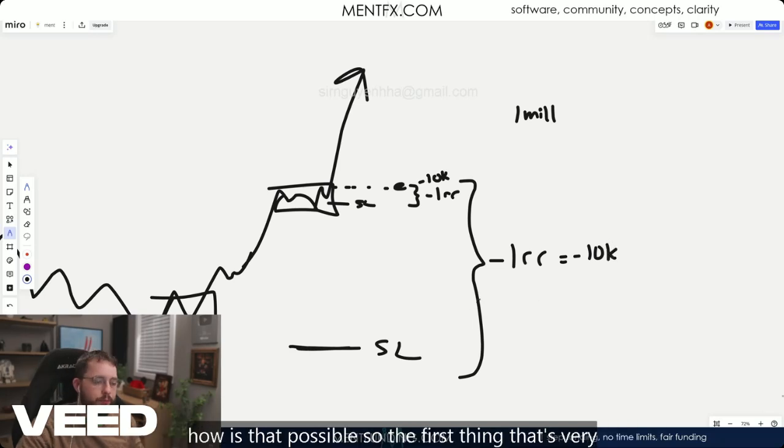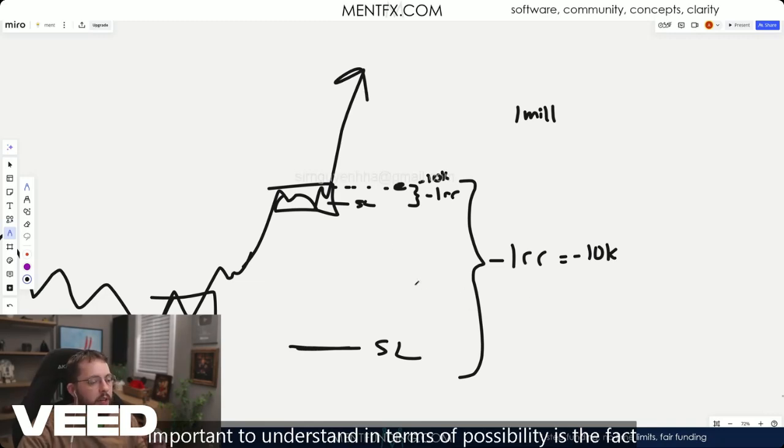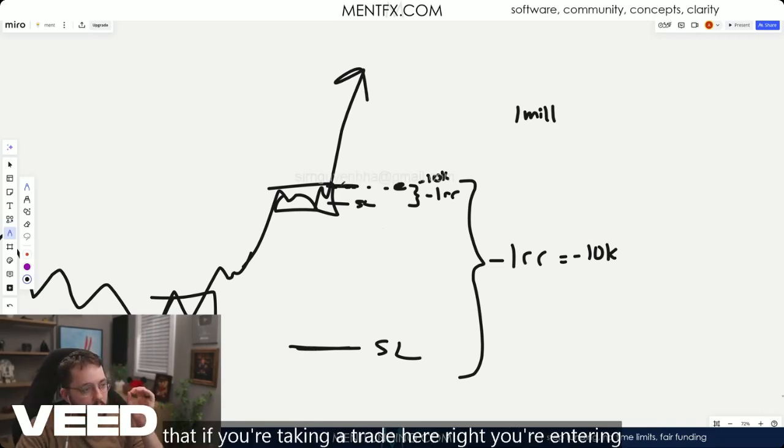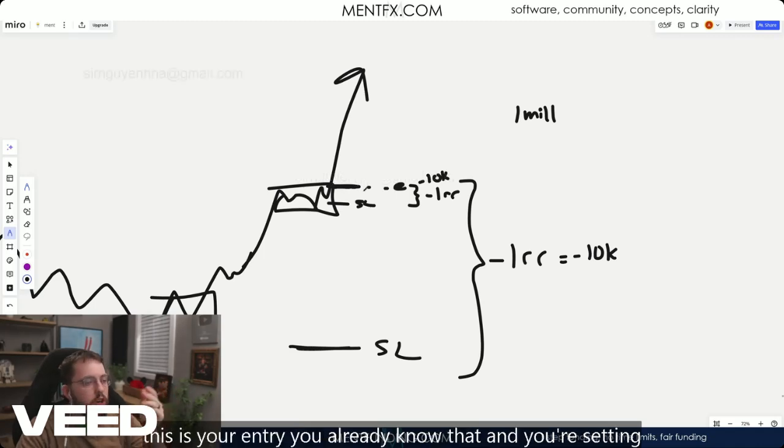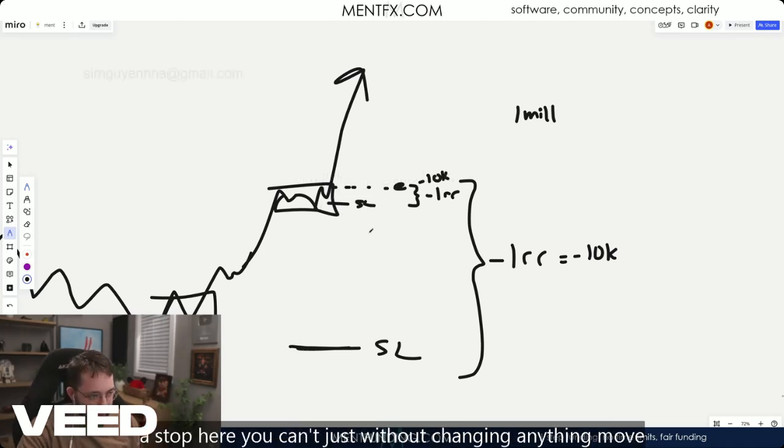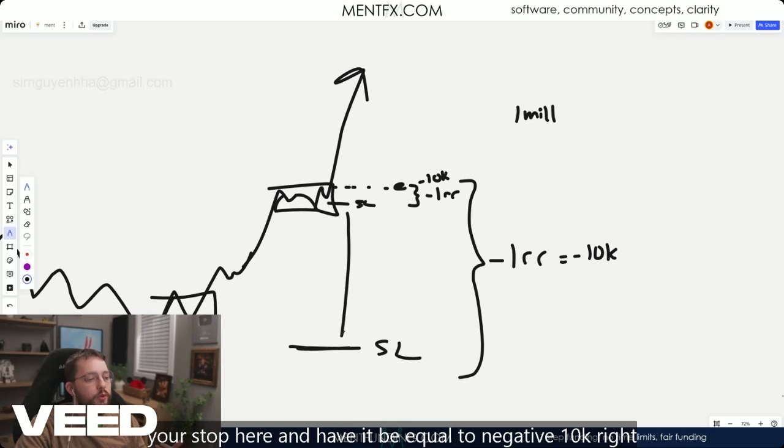How is that possible? The first thing that's very important to understand is that if you're taking a trade here, this is your entry, and you're setting a stop here, you can't just, without changing anything, move your stop here and have it be equal to -10K.